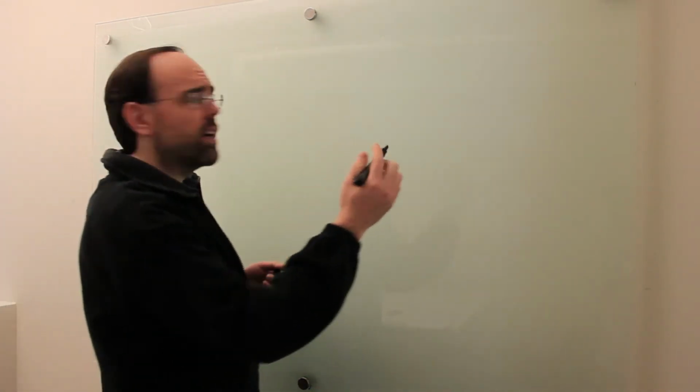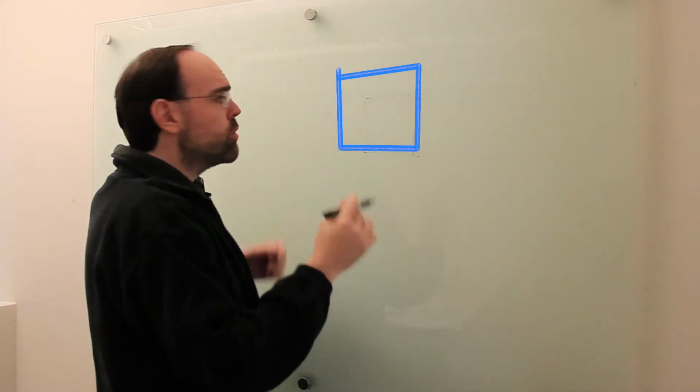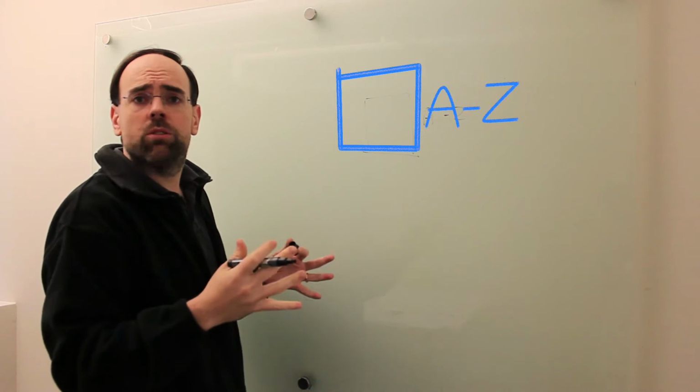So what is sharding? Sharding is basically a technique where you can scale out a database by segmenting your data across multiple databases. So, for instance, let's say you've got a database running, and it's got all of your users in it, last names A through Z, and it's running great.